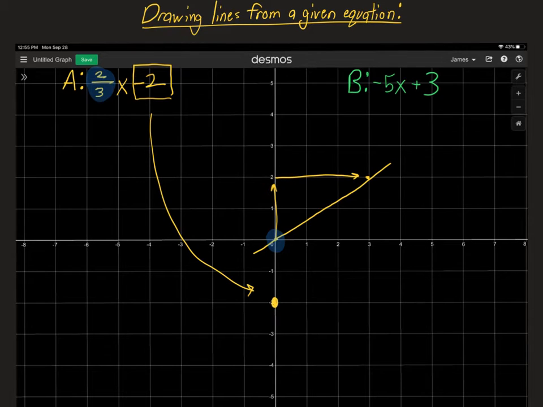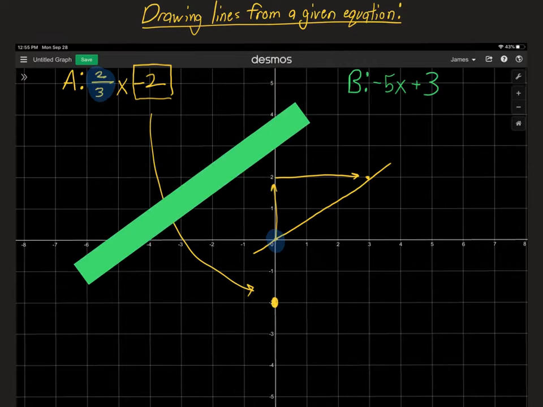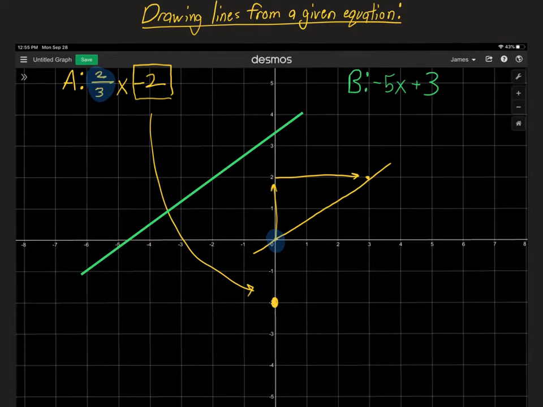The point here that I'm making is that you really can't start with your slope. Without starting from a specific place, we're guessing as to where we should put the line, and then we end up in this position, and maybe I can draw something like that. If that green line were an example, and this is just a random line I drew, that's not what I want.